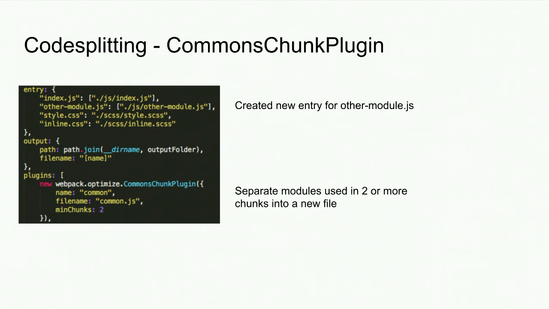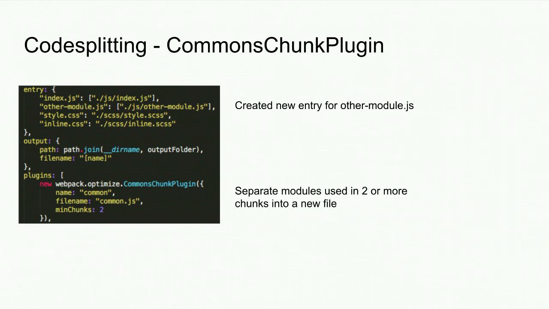In regards to code splitting, we're going to be using the CommonsChunkPlugin inside Webpack, and this is set up, as we can see in this little code snippet on the left. What we are doing is creating the index.js, which is going to be downloaded on the home page, and the JavaScript which is going to be needed on another page will be placed in a separate entry, a separate JavaScript file called other-module.js.